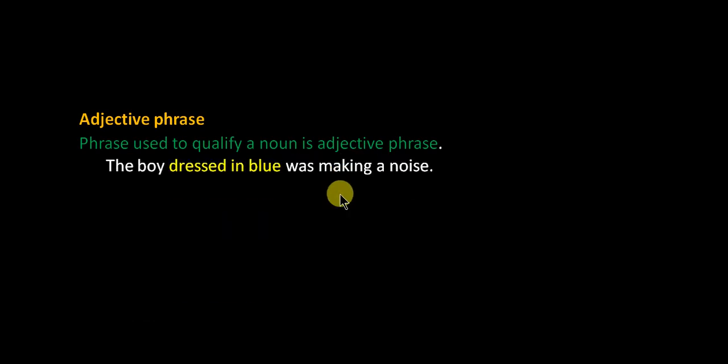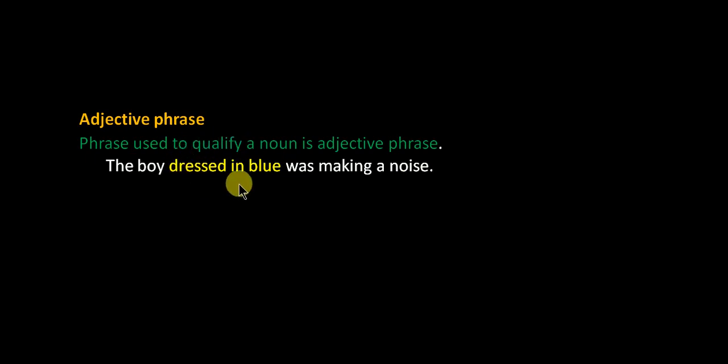So look, adjective phrase. A phrase used to qualify a noun is an adjective phrase. Very simple, dear students. If there is a group of words that is qualifying a noun, it is called an adjective phrase. So let's see the example. The boy dressed in blue was making a noise.